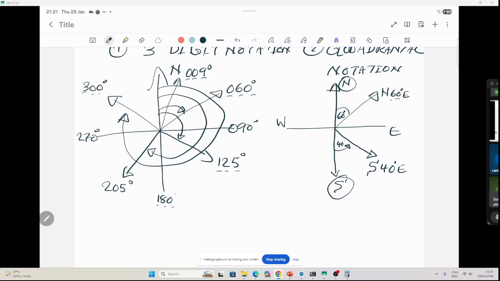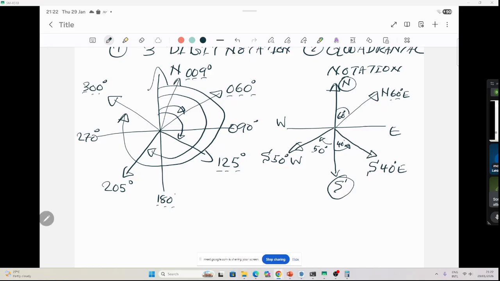Okay. This course, again, let's say this angle is like 50 degrees. Then we call it south 50 degrees west. All right.